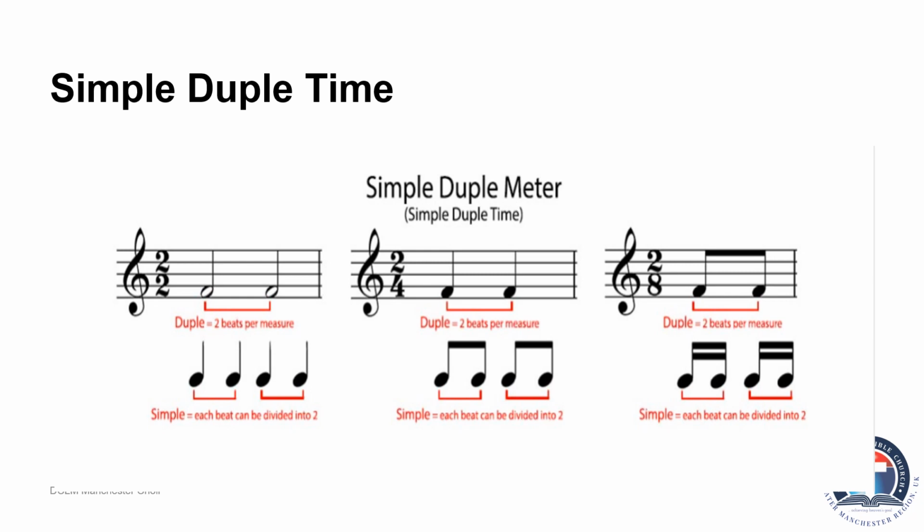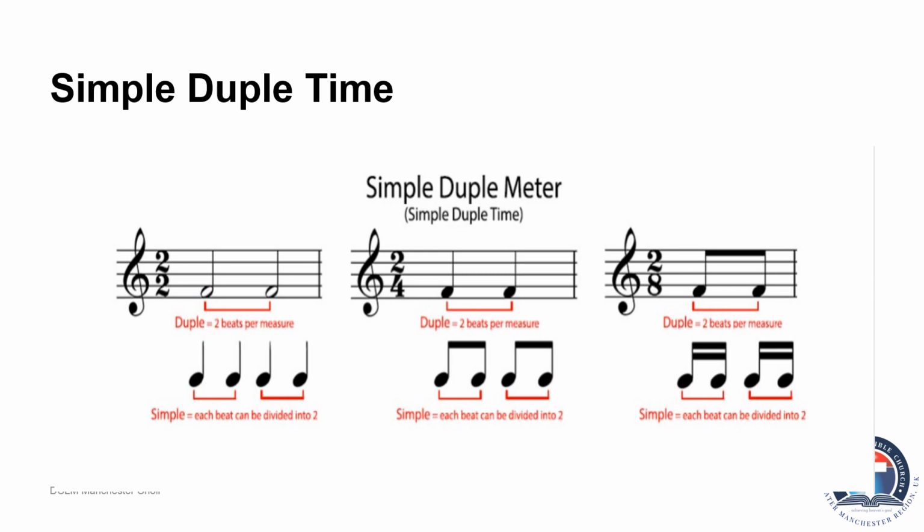So this is 1 minim, second minim, so 2 minim beats in 1 bar. For simple time, we said it has to be divided in 2s. If you divide 1 minim into 2, you get 2 crochets. Do the same for these 2 crochets. Each of them can be divided into 2. It passes that test. It's duple because, again, the number at the top is 2, 2 beats in a bar.